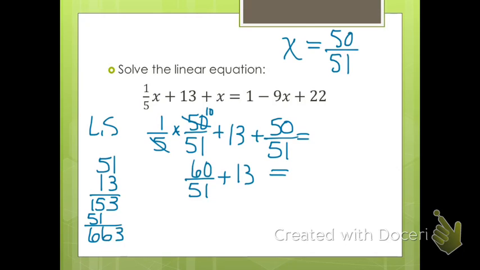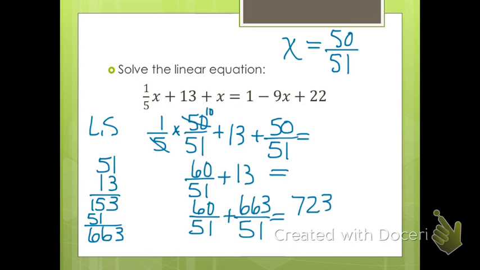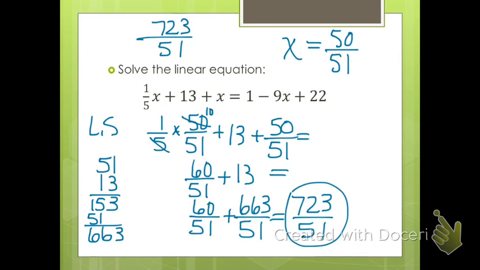Okay, so I did a little multiplication over here and saw that 13 times 51 is 663. So this is going to be 60 over 51 plus 663 over 51, which is going to be 723 over 51. Okay, so this side, the left side, became 723 over 51 when we evaluated that expression.